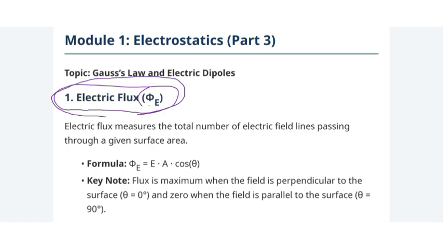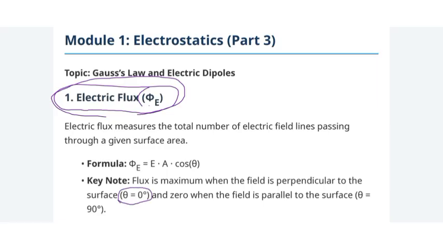Now for the keynotes, one thing you should take note of is that flux is maximum when the field is perpendicular to the surface. When they say something is perpendicular, it means that the angle is zero, the angle is 0 degrees. So you will see a question that says electric flux is maximum when theta is dash. Just know it is when theta is zero.